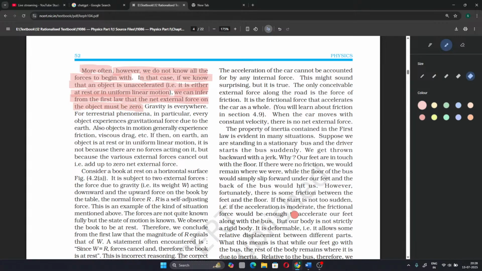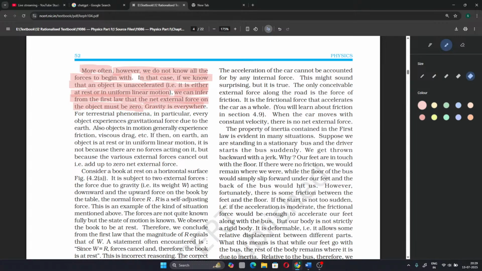Basically, they are saying that if we know the object is unaccelerated, it's not changing in velocity, and it is either at rest or in uniform linear motion, then we can infer from the first law of motion that the net external force on that object is zero.